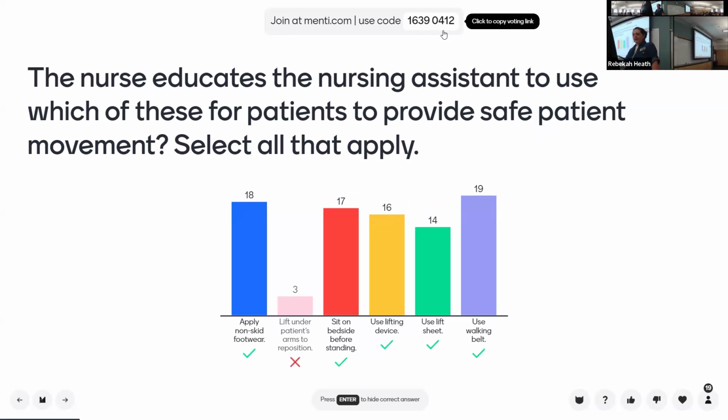All right, and good job. All of these are correct except for lift patients' arms to reposition.